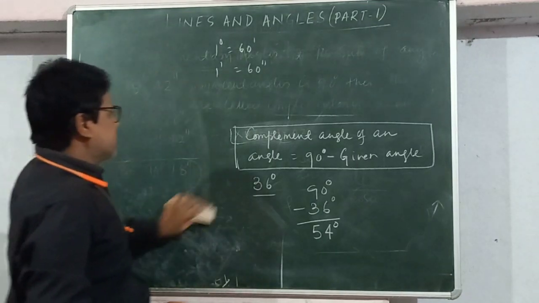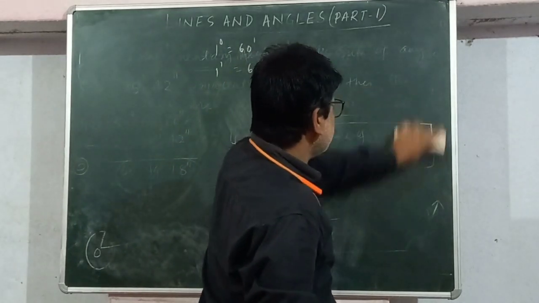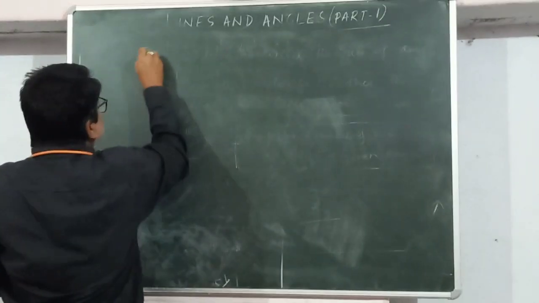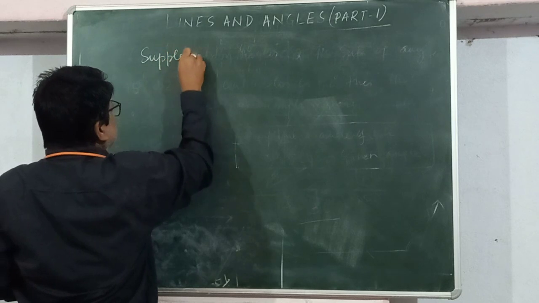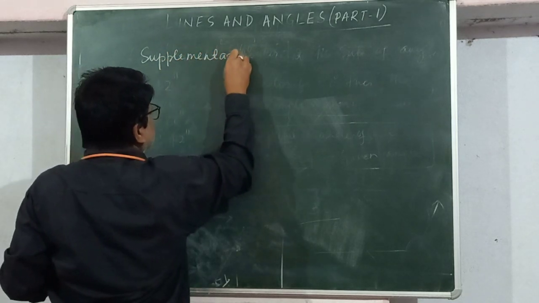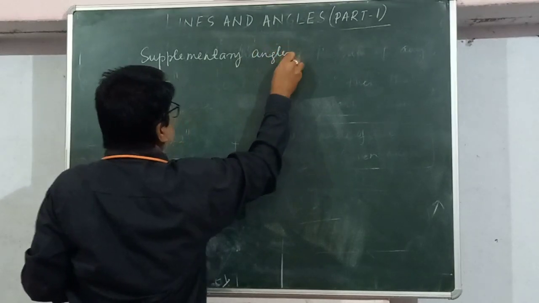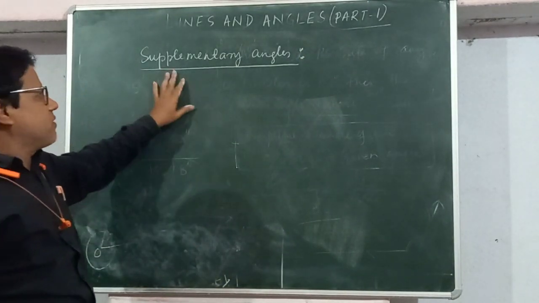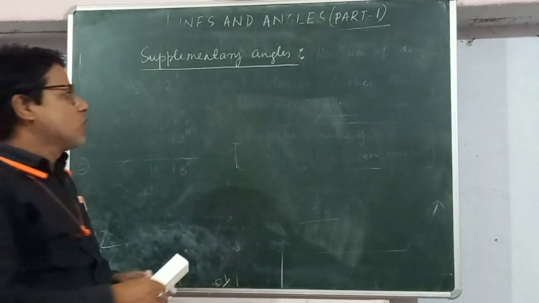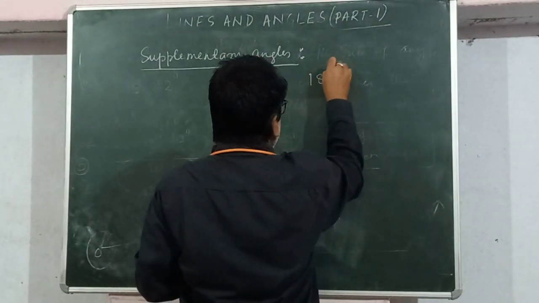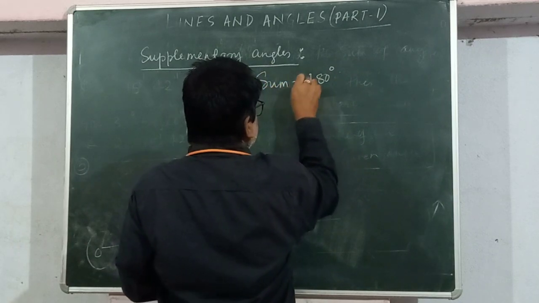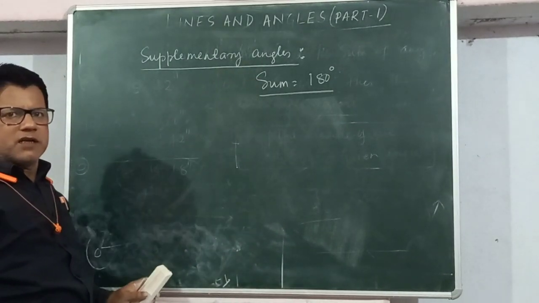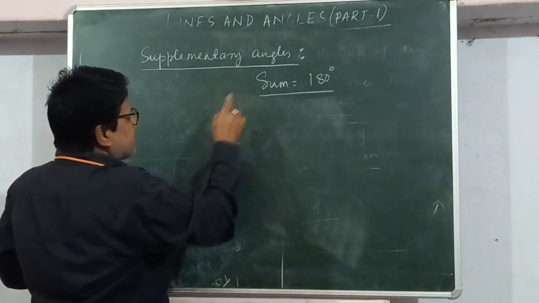Now comes to supplementary angles. In supplementary angles, like complementary angles, if the sum of any pair of adjacent angles is 180 degree, then they are called supplementary angles. Now, how to find the supplementary angle of an angle?